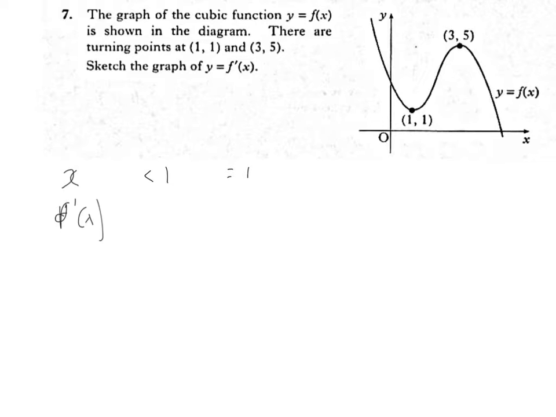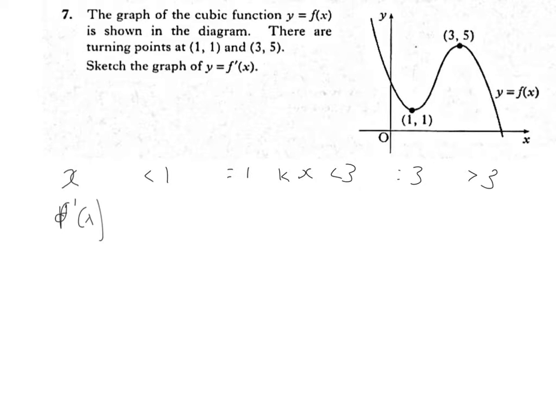Next thing I want to do is to look between stationary points, so that's between 1 and 3. Another stationary point at 3, so I want to look at 3, and then finally I want to look after 3. So it's about recording in a table observations about the gradient.